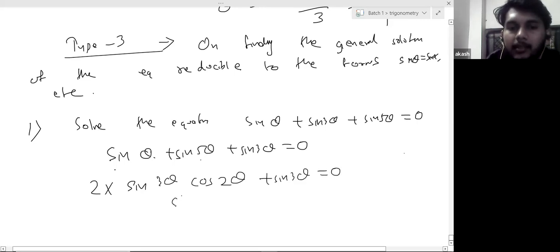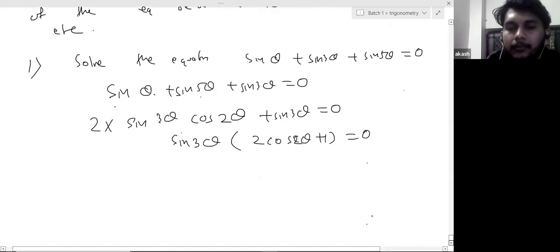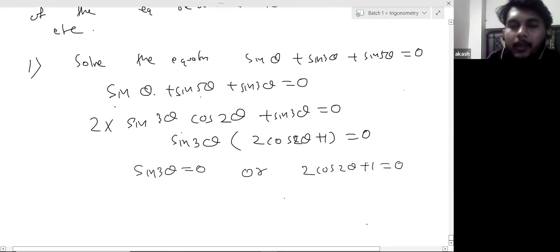We can take sin 3 theta common. So this will be sin 3 theta times 2 cos 2 theta plus 1 equals 0. Alright. So we can write sin 3 theta equals 0 or 2 cos 2 theta plus 1 equals 0.